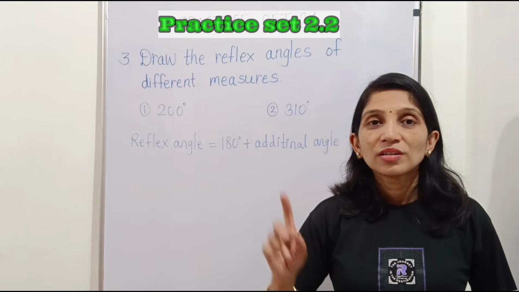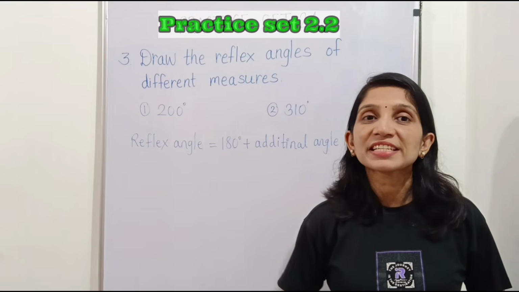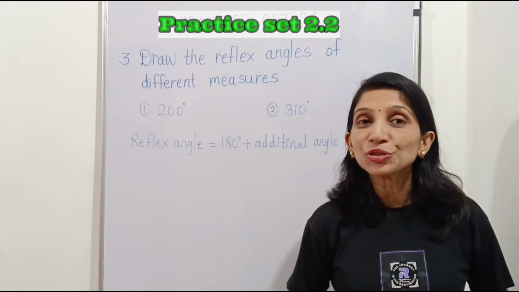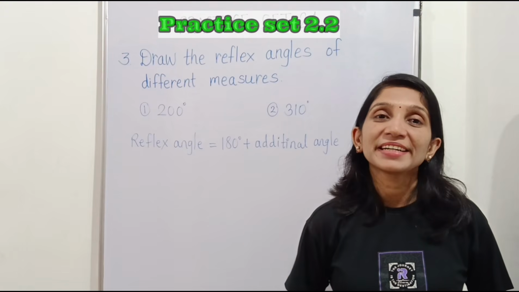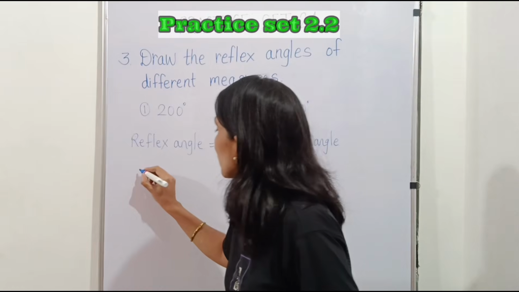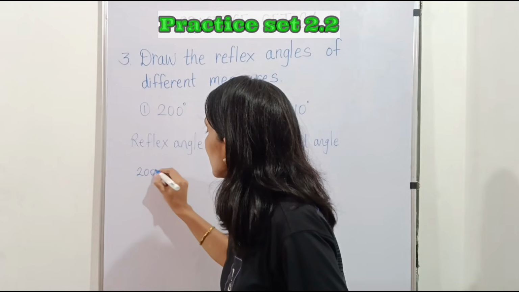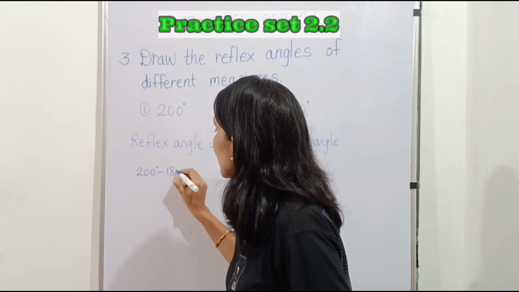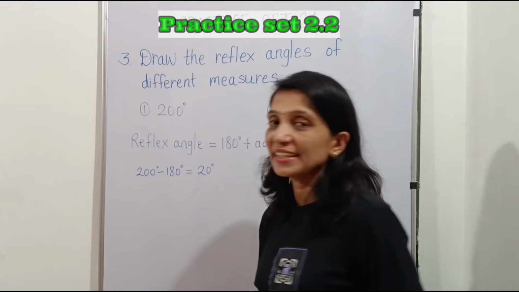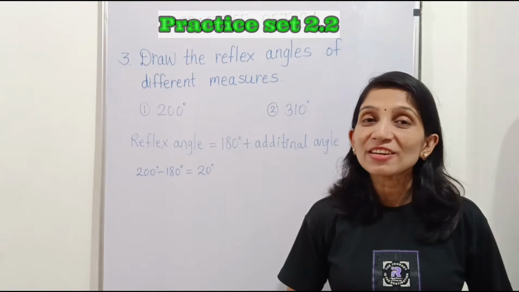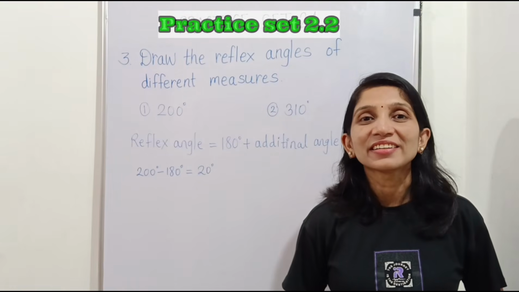So, to draw a 200-degree reflex angle, what will we have to do? Simply 200 minus 180. How much do we get? 20 degrees. That 20 degrees is our additional angle.